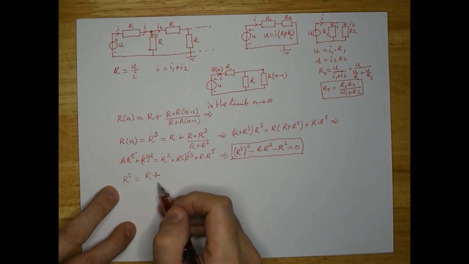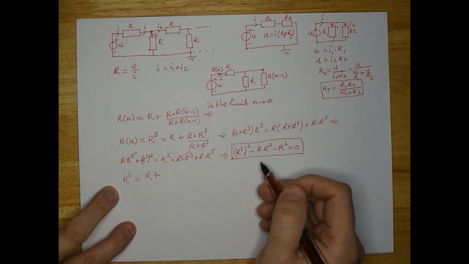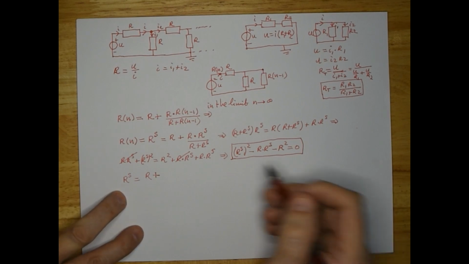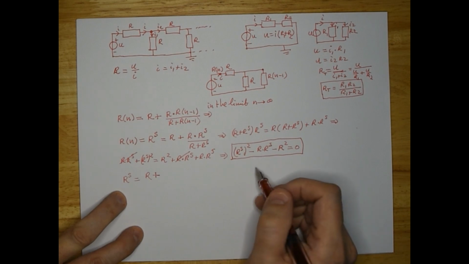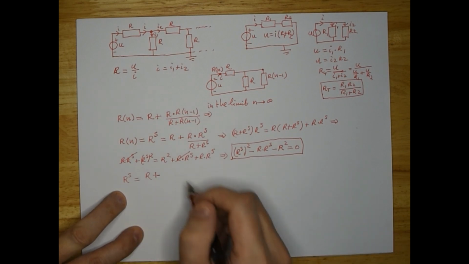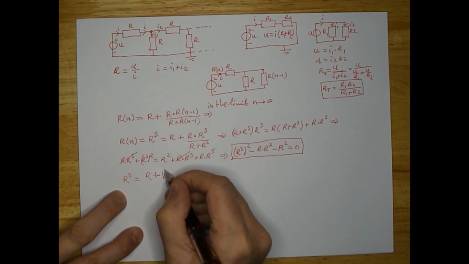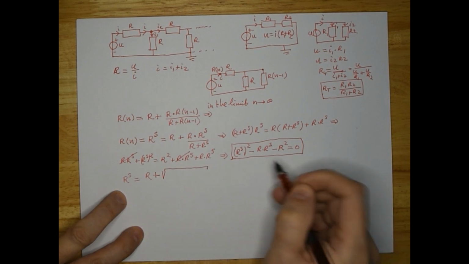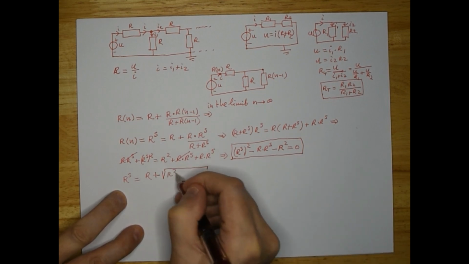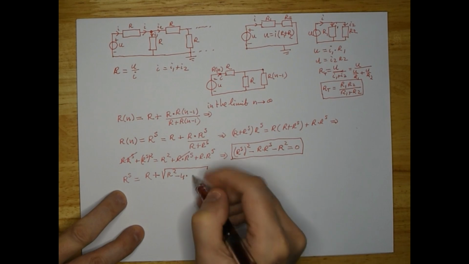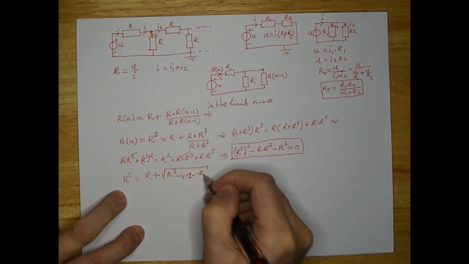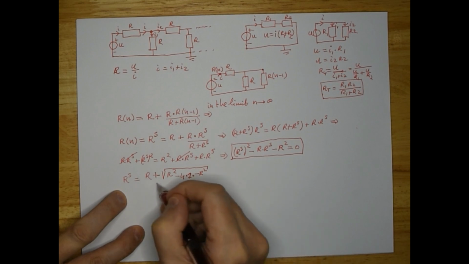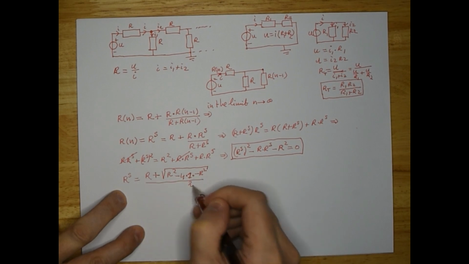The minus doesn't work out because you get a negative resistance, and negative resistances do not exist in the real world, at least not in this context. So we do R plus, and then we get B squared, which is R squared, minus 4 times A, which is 1, times C, which is minus R squared, divided by 2.